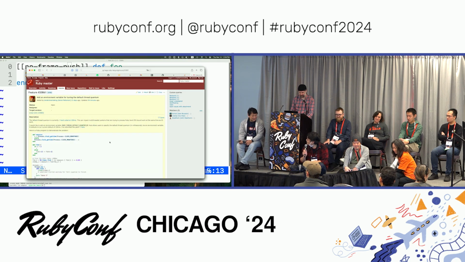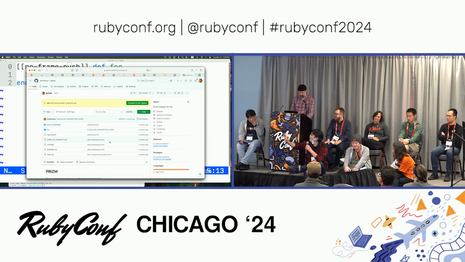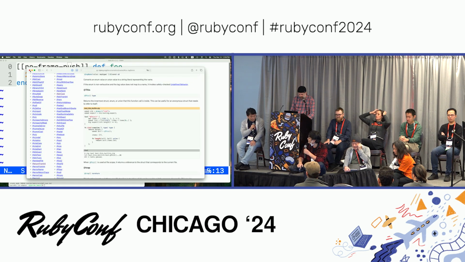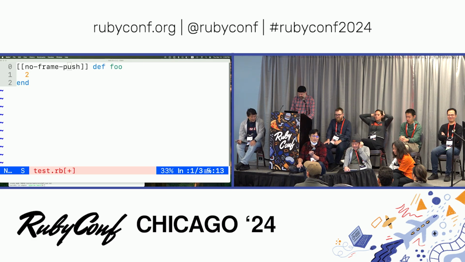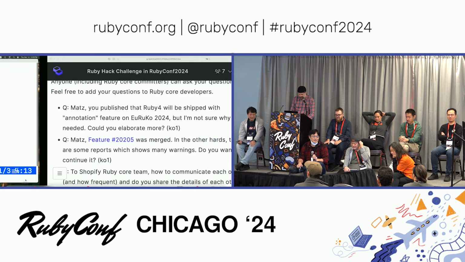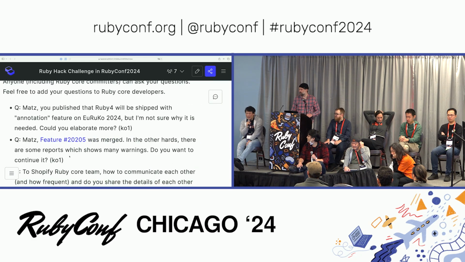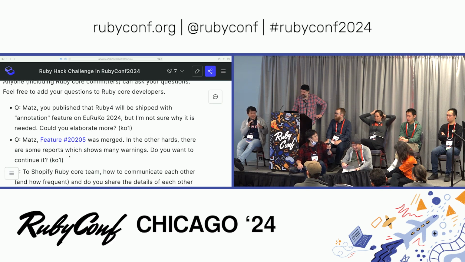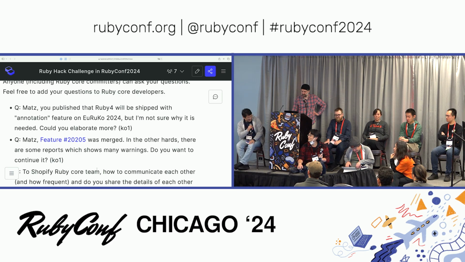Matsumoto-san, you don't show the annotation talk at this RubyConf keynote. Yeah, because it's too vague to explain in public. Usually I put some kind of very early ideas into the keynote, traditionally.